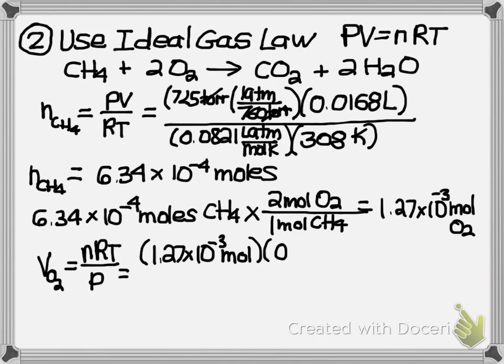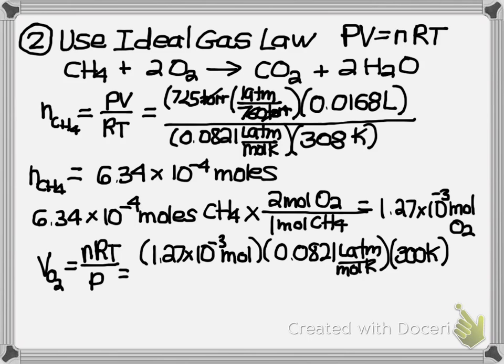Then I have R. Then temperature, this was given as 27 degrees Celsius, so that would be 300 Kelvin.